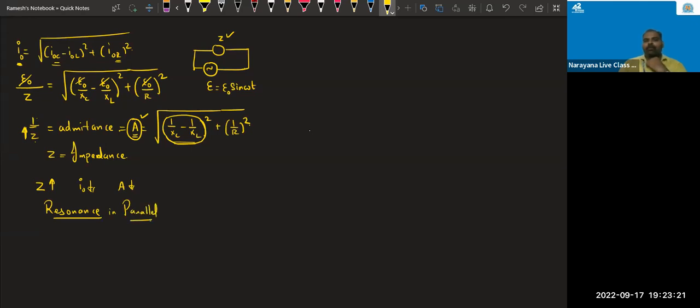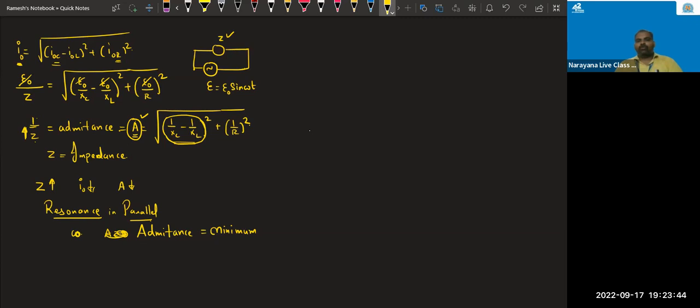At one particular angular frequency, the admittance is minimum, not 0. Such a phenomenon is called resonance in a parallel circuit.